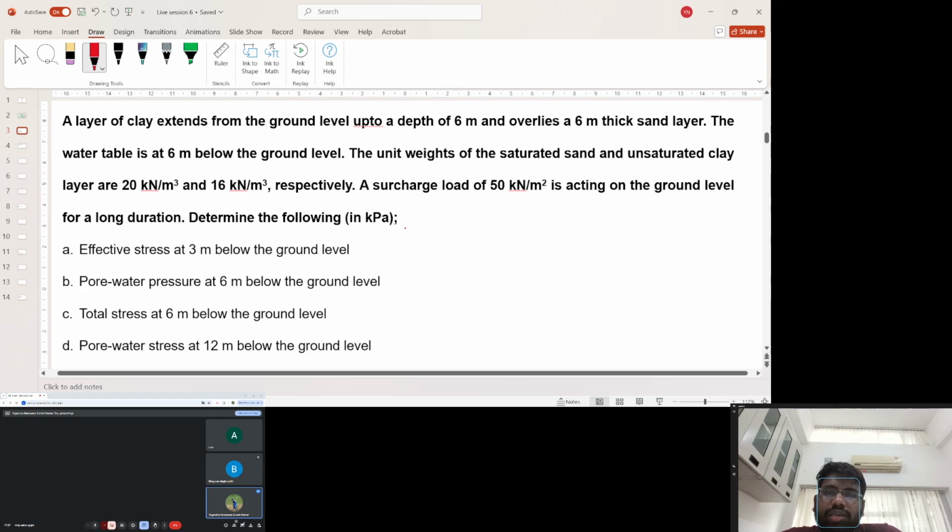So same thing, let us translate this statement into a diagram. A layer of clay extends from the ground level up to a depth of 6 meters and overlays a 6-meter thick sand layer. So let this be ground level, and let this be 6 meters, and this is the water table.